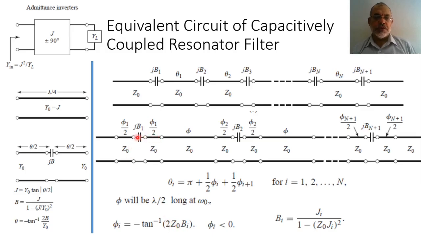So this is the transmission line section required to be added to the capacitance such that this combination would be equivalent to an admittance inverter J. And the relation between the value of B and J is that Bi equals Ji over 1 minus Ji over Y0 squared, which means Z0 multiplied by Ji squared.